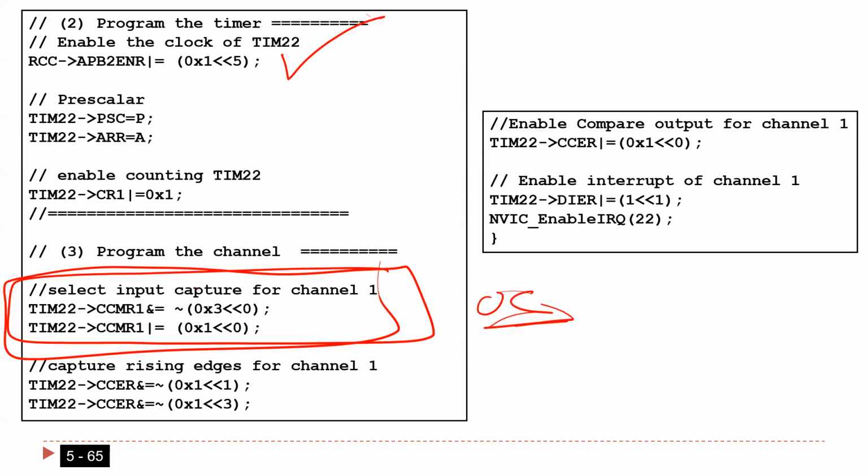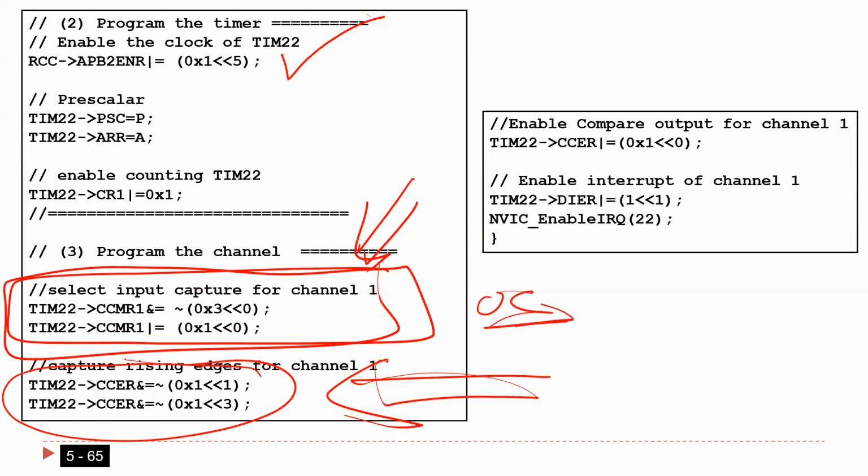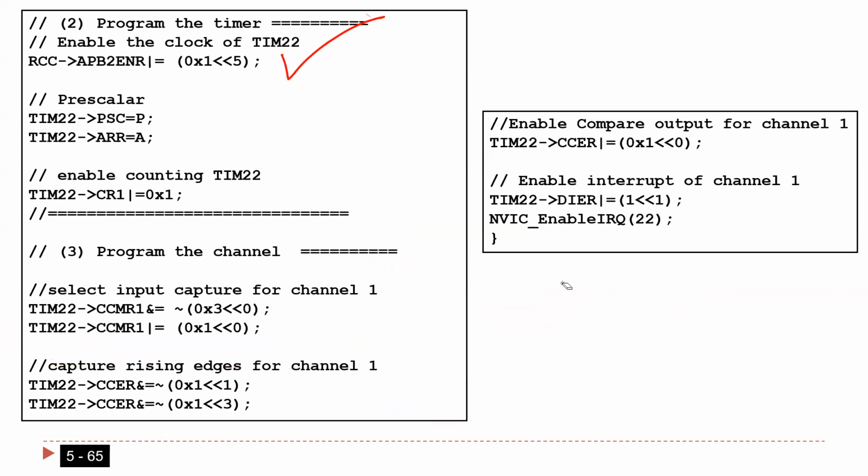If you look at the configuration I did in output compare, what I'm doing here is exactly the same, but this one is going to be different, because using this register, you can tell the processor this is channel 3, channel 2, this is channel, and whether you want to use it as input capture or output compare. Is that okay? So this is different from what we did before. Also, this one is different here. In this register, as I explained to you before, there is a slide that already explained it in detail.